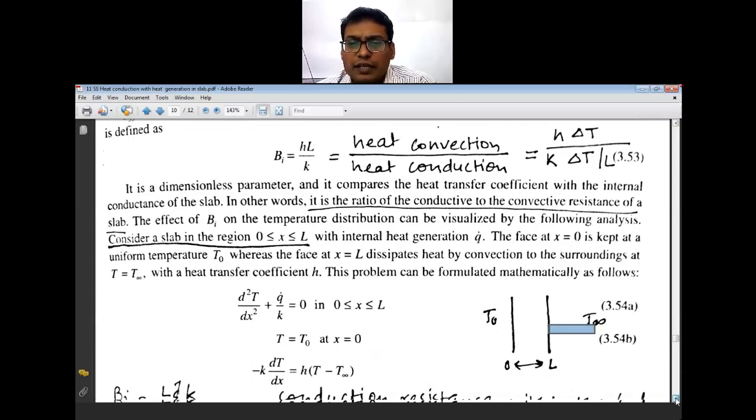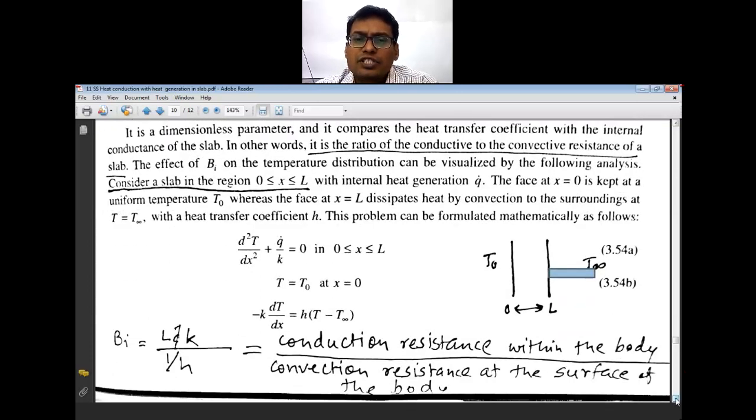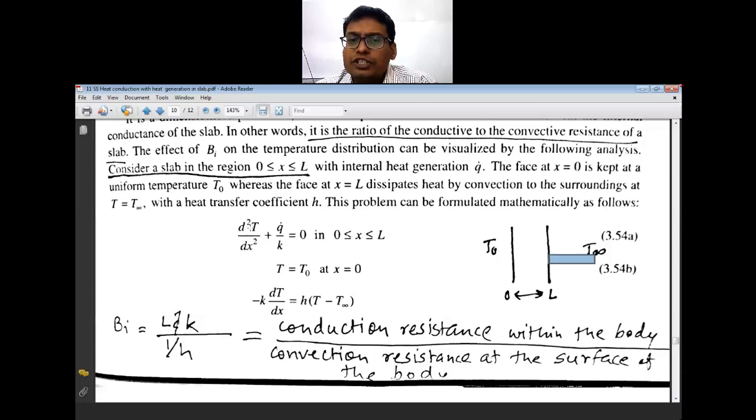This problem is formulated like this. Again it will start from your general heat conduction equation. The initial steps are the same. Write down the general heat conduction equation, then simplify it for one dimension.